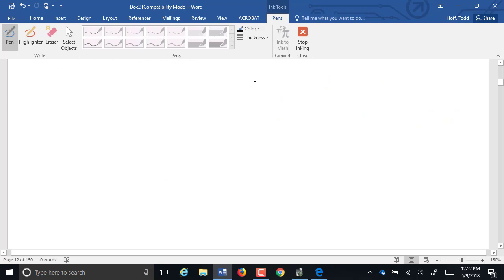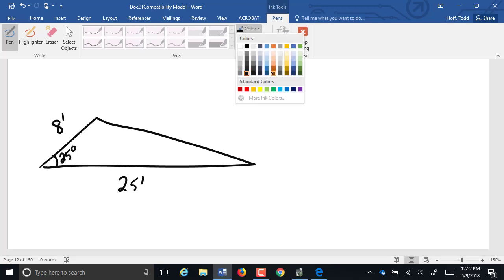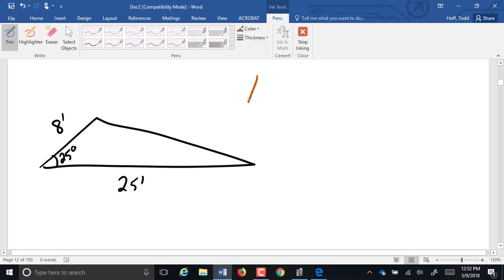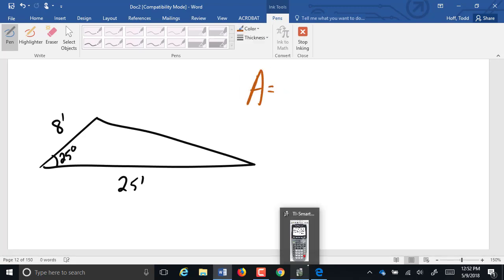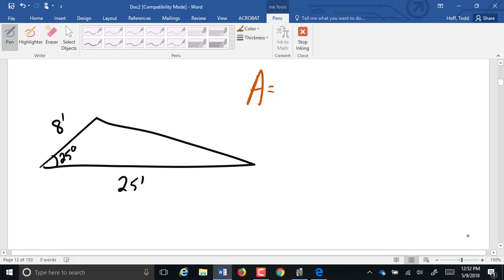I'm gonna have you guys try. Find the area of that triangle. So where do we start?